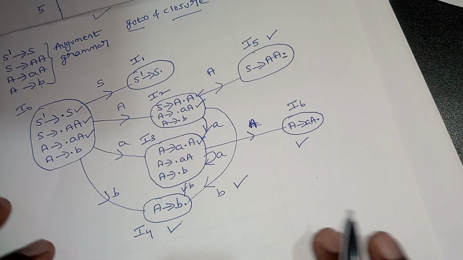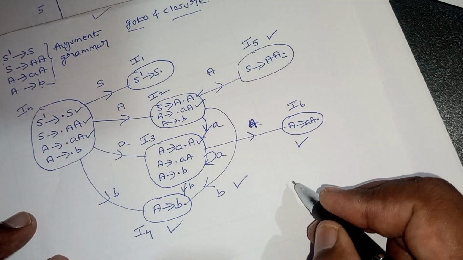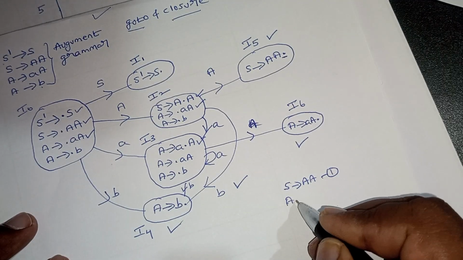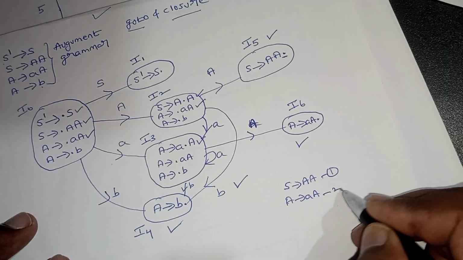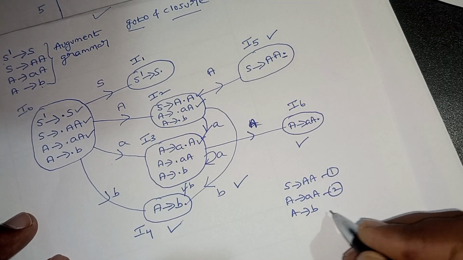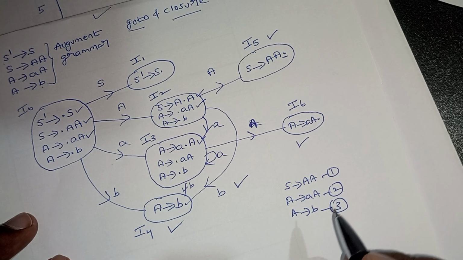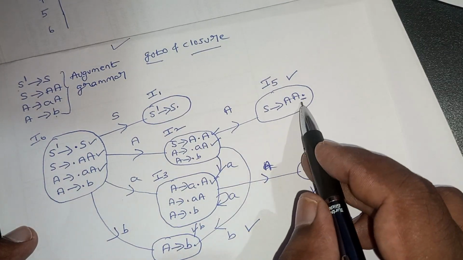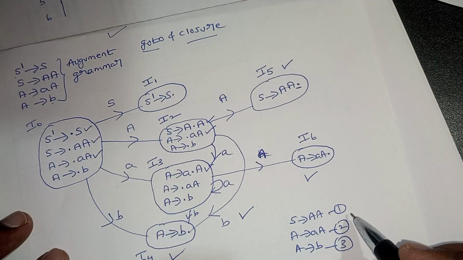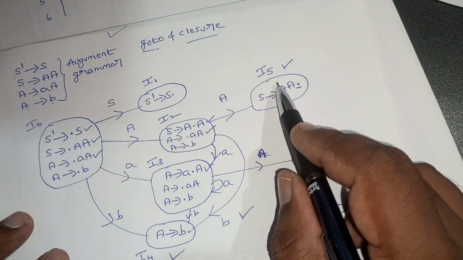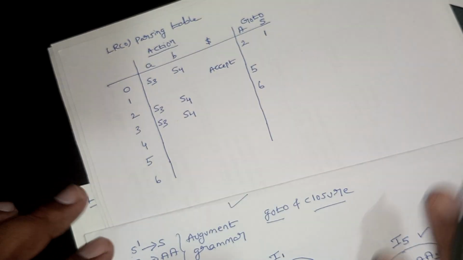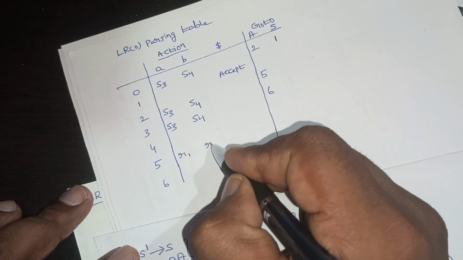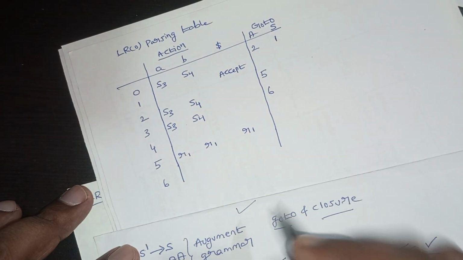Then you take the grammar. What is the grammar I am having? S tends to A, give some number 1. A tends to A, give number 2. A tends to B, give number 3. So where is the final item? S tends to A, it is R1. I am having it in I5. So in the table for I5, you write R1, R1, R1, reduce.